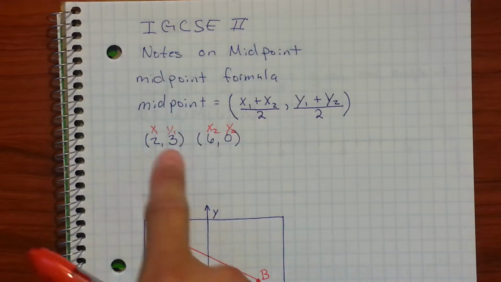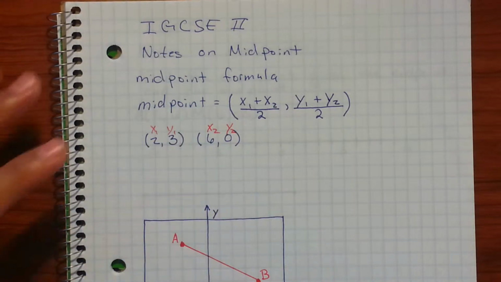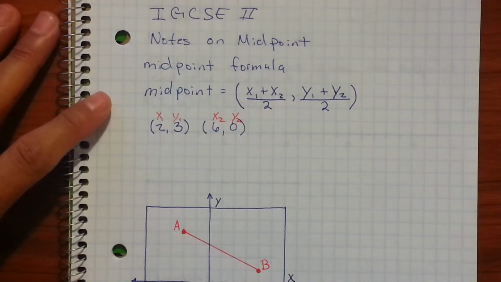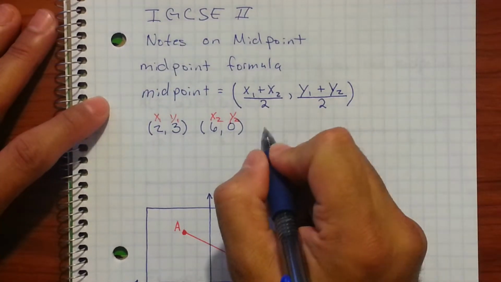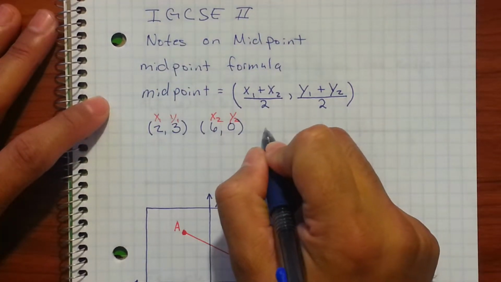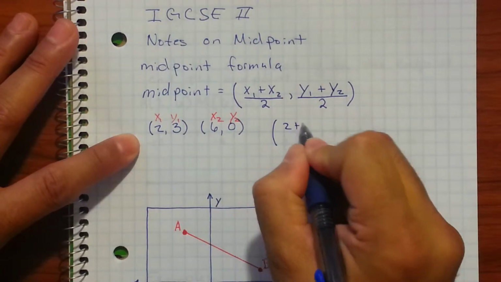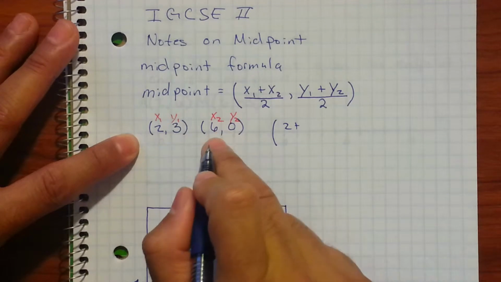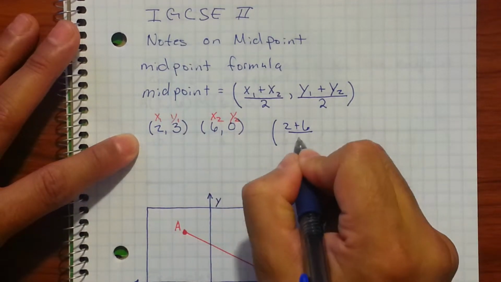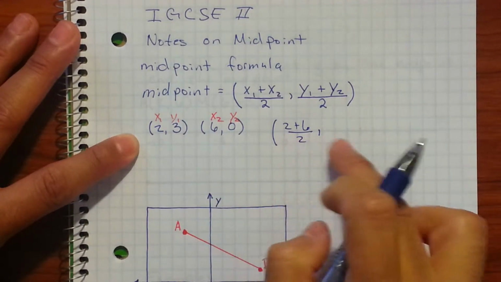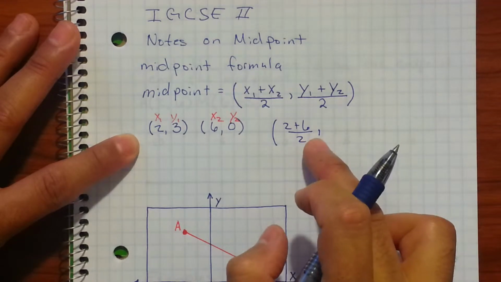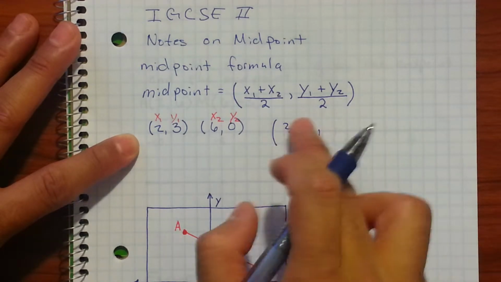So we're going to take those and plug them into my formula over here. As I plug it in, my midpoint is going to be equal to x1, which is 2, plus x2, so that's x on the second point, 6, divided by 2, comma, because it's going to be a coordinate, that's where there's a comma in between. It's going to tell me where it's located.